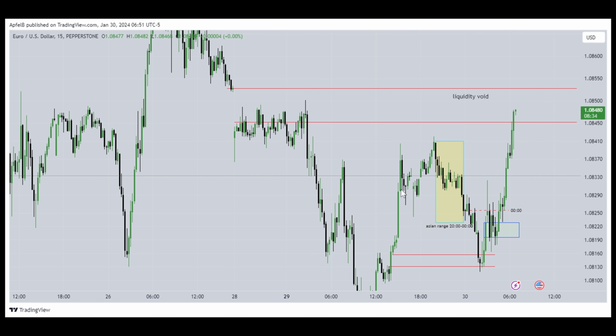Some people call these imbalances liquidity voids, but imbalances are not and will never be liquidity voids, because an imbalance either has a buy side or sell side and it's inefficient of one delivery. But these areas here are inefficient of both sell side delivery and buy side delivery.